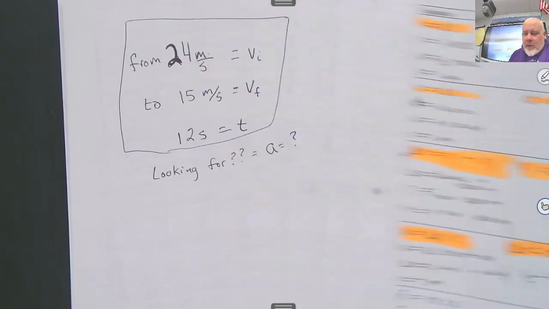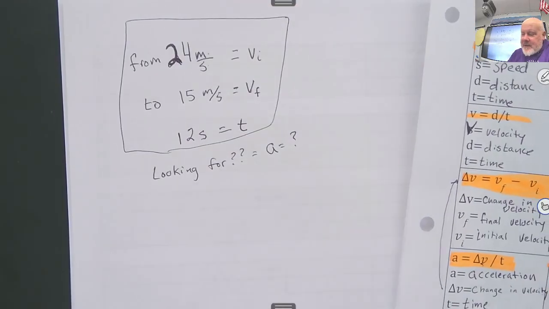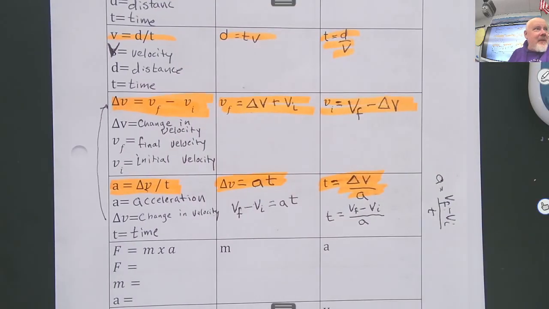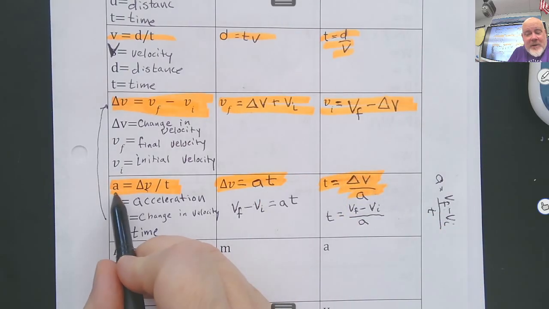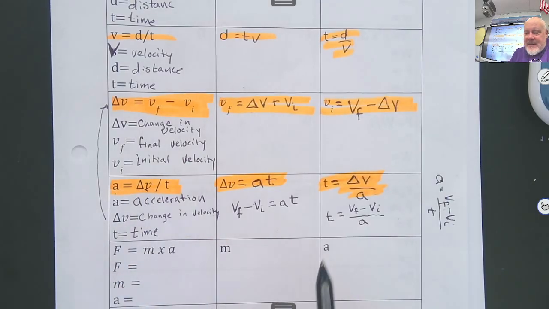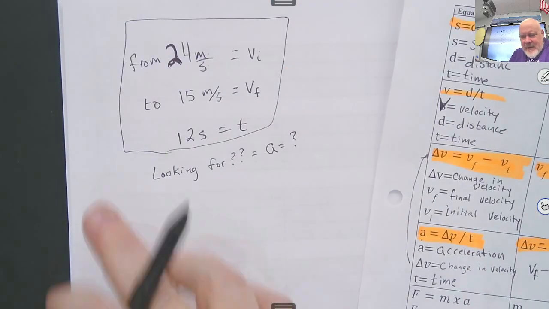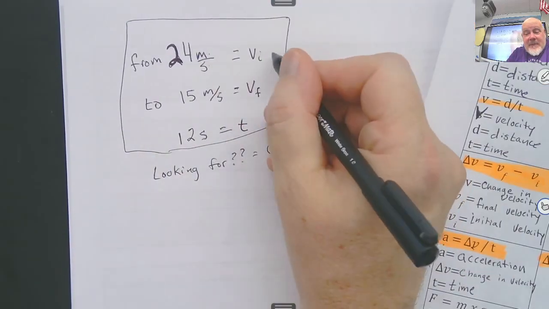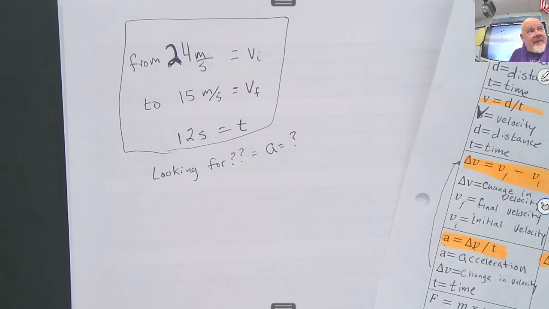So which formula are we looking for? Well, I'm looking for acceleration, so I'm looking for something like A equals. Well, A equals is written right here: A equals change in velocity over time. Now, I didn't give you change in velocity, but I did give you velocity initial and velocity final.